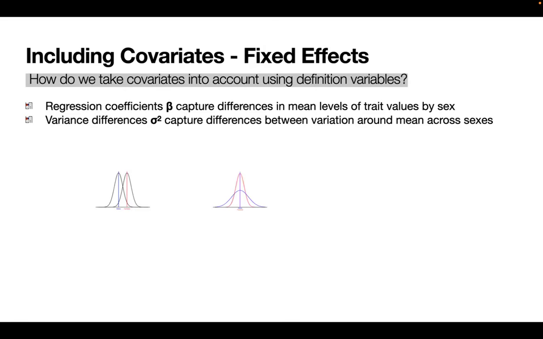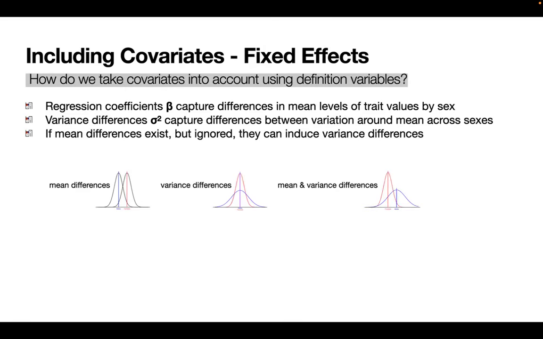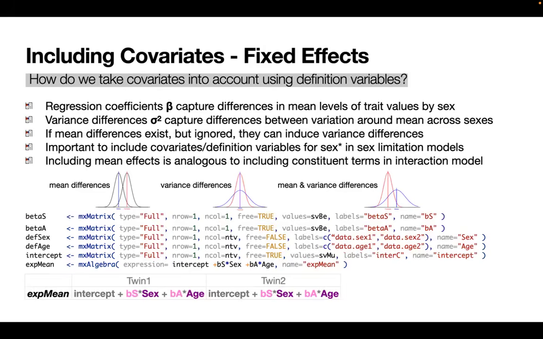But in addition to mean levels, there could also be differences in the variances across sex, or both in mean and variance. And if we ignore these mean differences, they can even induce variance differences. So it is important to include these covariates for sex or for other potential important covariates into these models.